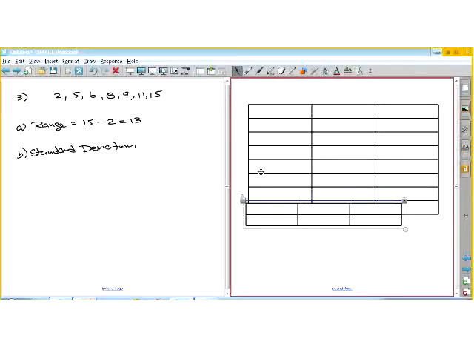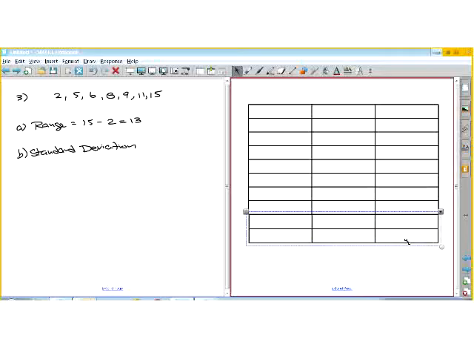So I'm going to make 2 little tables and stick them together. Because we need the last row for the summation, and we need the first row for the heading. So we have the data, we have the deviations, and we have the deviations squared.